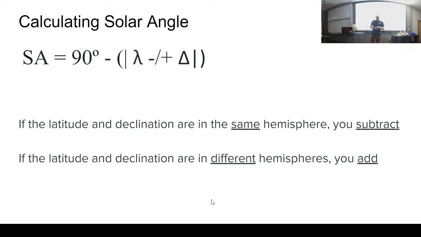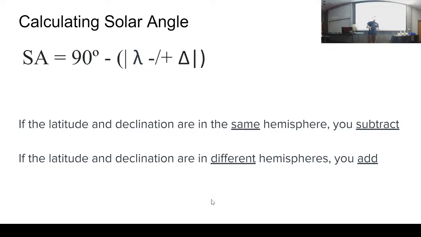And you will have the lambda, L, lambda for location, okay? All right, but then you will have the delta, which is the declination, okay? So D for declination.